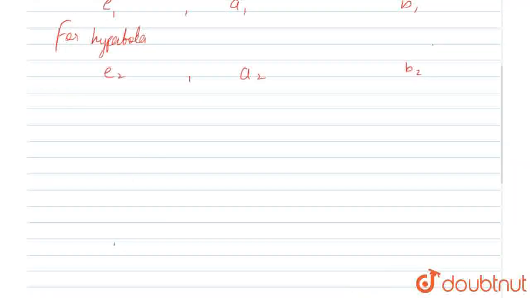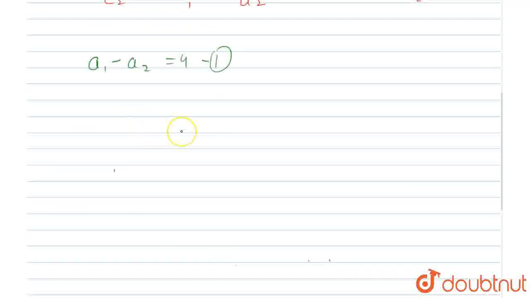Then we write down the conditions given in the question. The difference between A1 and A2 is equal to 4, that means the difference between the semi-major axes is 4. That is equation 1.